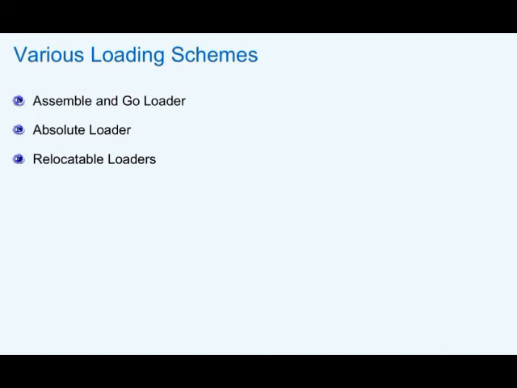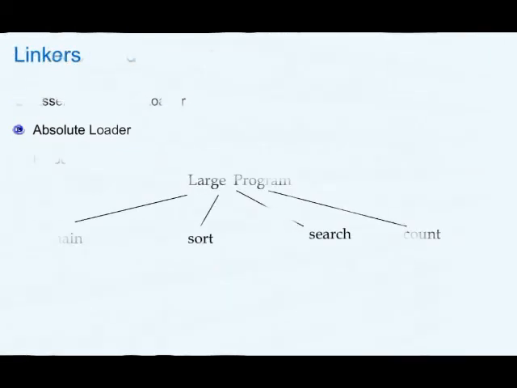Now with this information about the loading schemes, we look at what we said when we spoke about the compiler: we had various object code and we said that it should be linked. What do we mean by that? Here we have an example of a large program that has been converted into small modules, let's say main, sort, search and count, and all together they make one program.